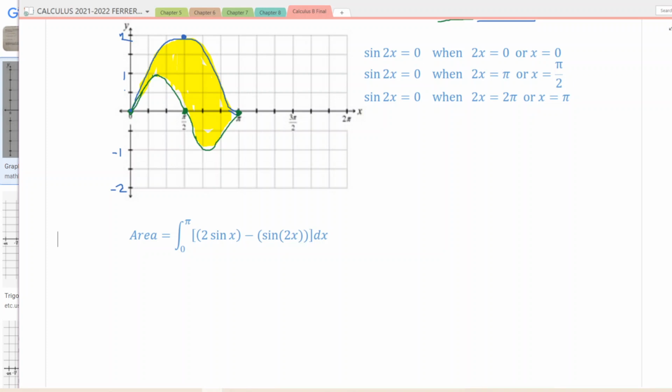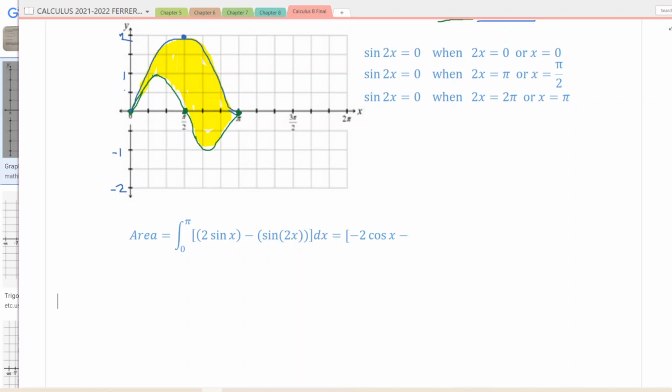Let's get our antiderivatives. The antiderivative of 2 sine x is going to be negative 2 cosine x. And then our antiderivative of sine of 2x is going to be negative 1/2 cosine 2x.